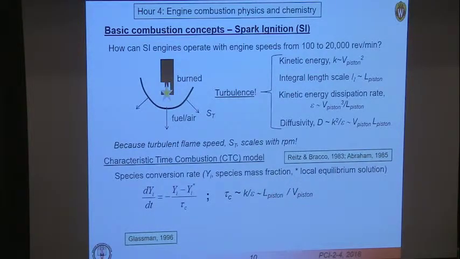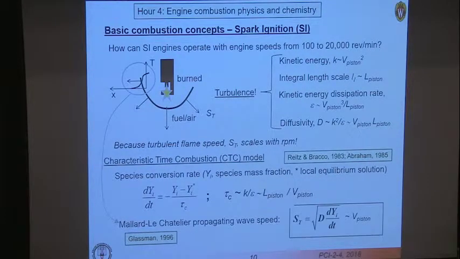If one uses this to estimate what the fuel conversion rate is, and go back to the simple theory of Maillard and Le Chatelier for propagating flames, and here's a little flame that's propagating out. Maillard and Le Chatelier showed that the flame speed for a propagating flame is the square root of the diffusivity times the rate of heat release, or in this case, the rate of fuel consumption.